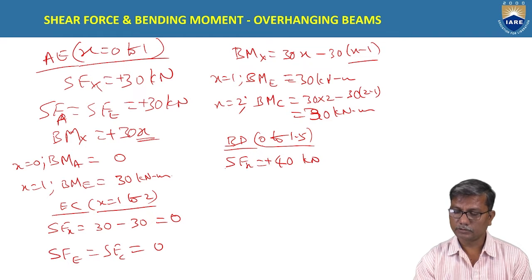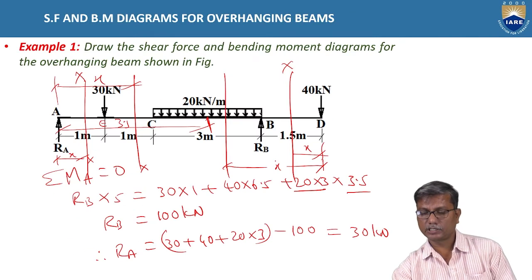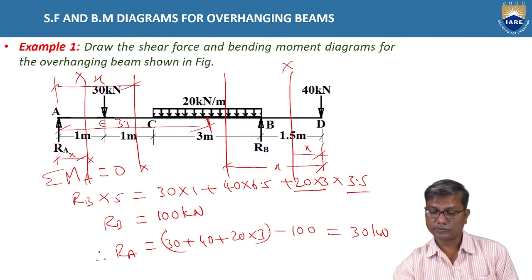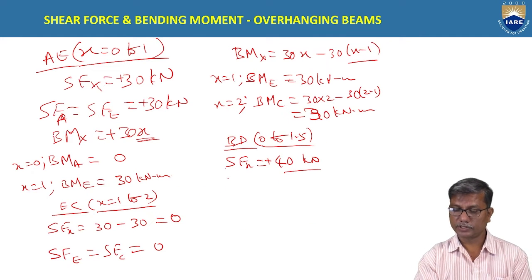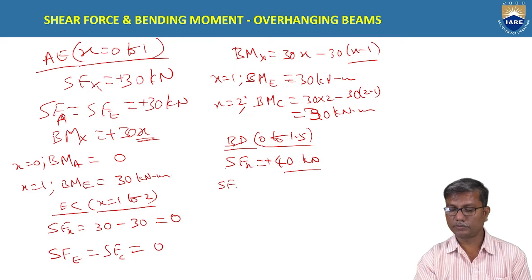It is positive because our convention is right side downwards is positive. Okay, and this is independent of position of section, so it remains constant between D and B.